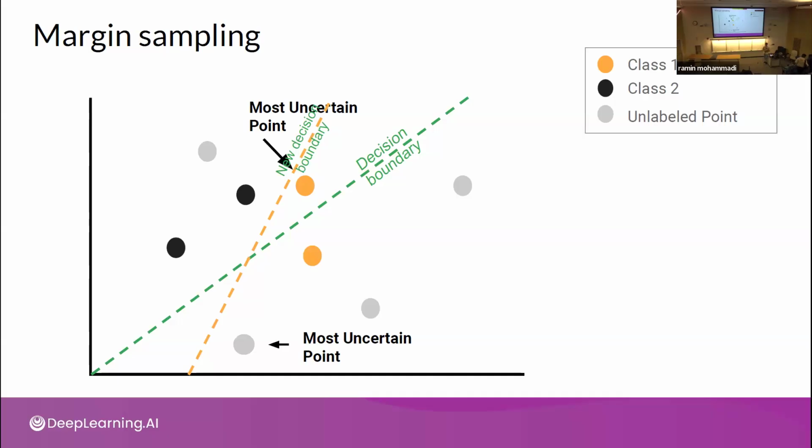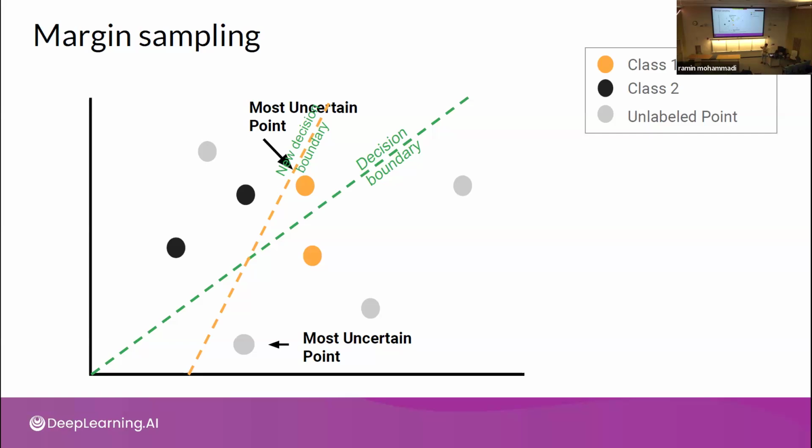You have a classification. The two yellow points are close to the margin. When points are close to the margin, what does it mean? Your model is technically not sure. It could be class 1, it could be class 0. It just depends on where you draw that threshold. Because those are the points your model is not sure about, you label them, and continue and see what will happen.